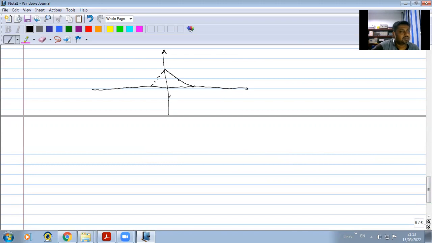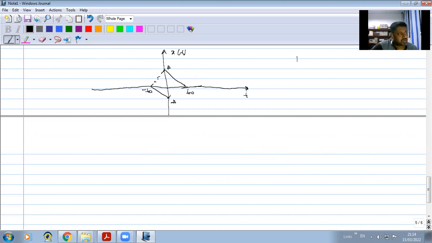It should be minus, meaning it goes to this side like this. So if you have this kind of signal, let's say this is t naught and this is minus t naught. This is A and this is minus A. So this should be A, if this is x(t) and this is t.